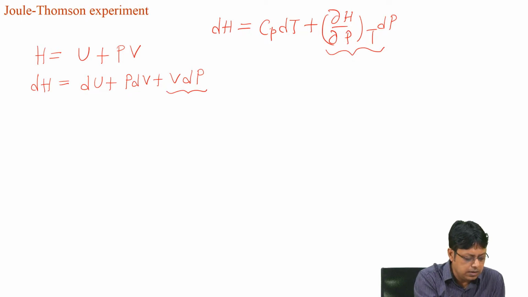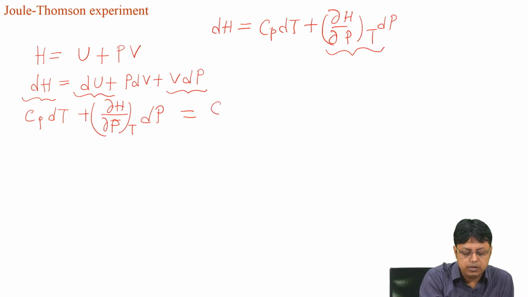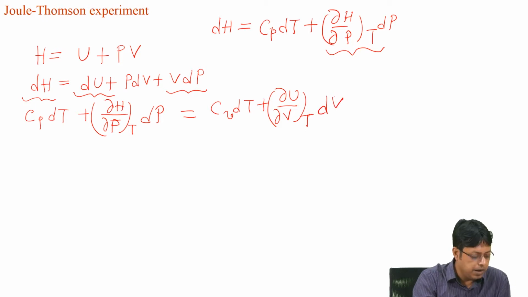Now, we can write this dH as Cp dT plus (∂H/∂P)_T dP, and similarly we can also write the equation for dU, which was Cv dT plus (∂U/∂V)_T dV, plus we have P dV plus V dP.